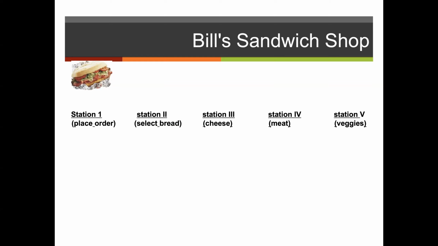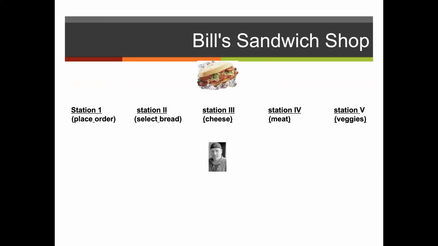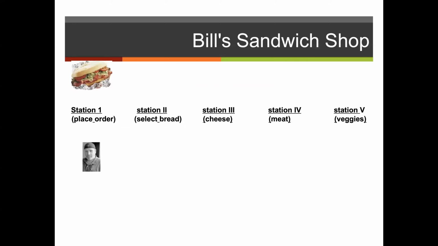And then the last step is that the veggies are selected. So as a customer places an order, they will incrementally progress down the chain, adding each component that they need to their sandwich. So this makes sense.